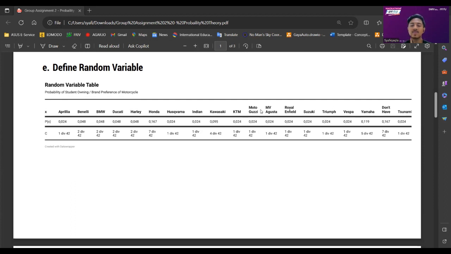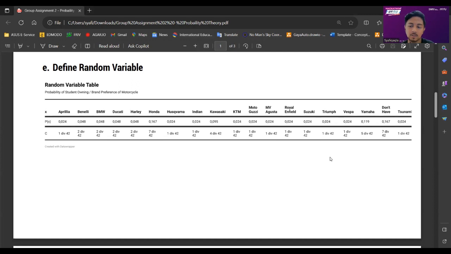But for Yamaha, we have 5 respondents, 5 out of 42. So we need to divide 5 by 42, the sample space divided by all of the sample space. So we get the result of 0.1189.